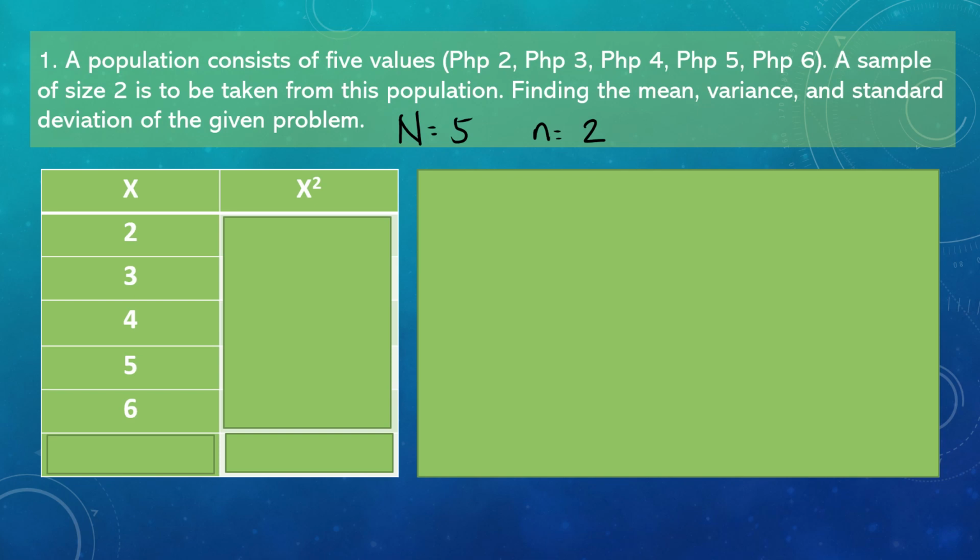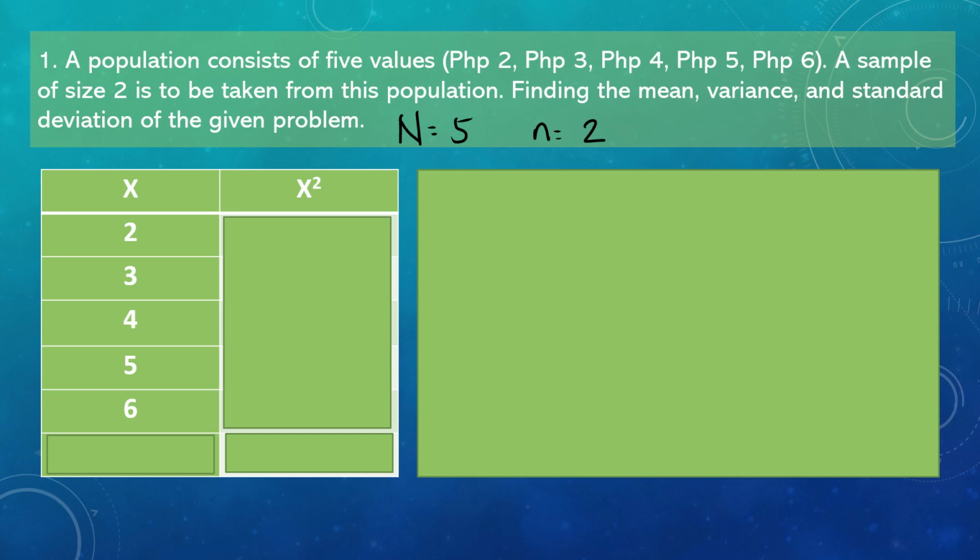After doing that, we can apply the properties of the Central Limit Theorem to find the mean, variance, and standard deviation of the sampling distribution of the sample mean. Let's start with this table.